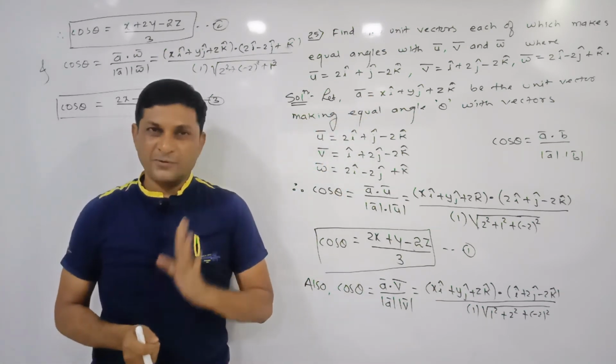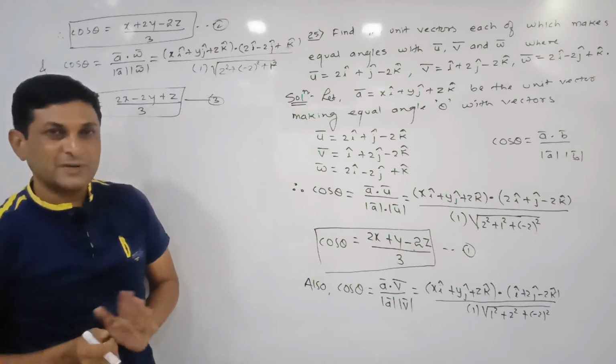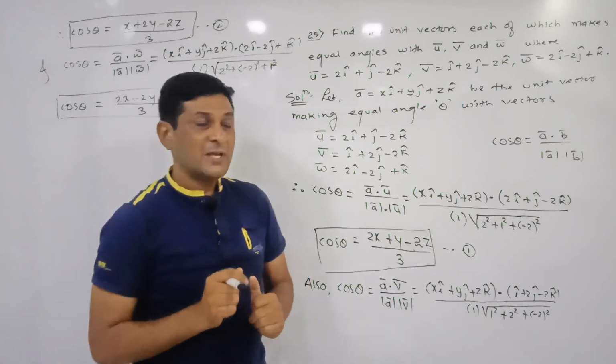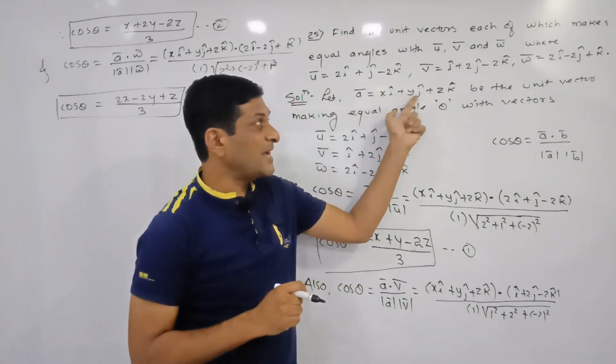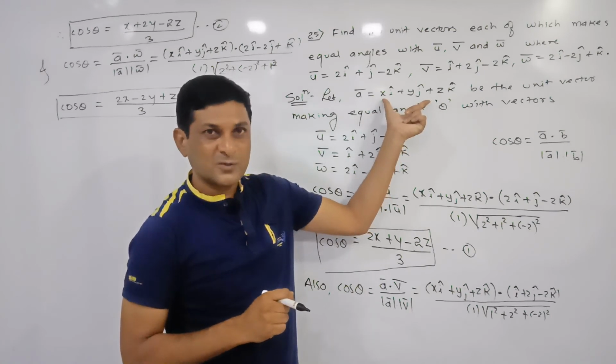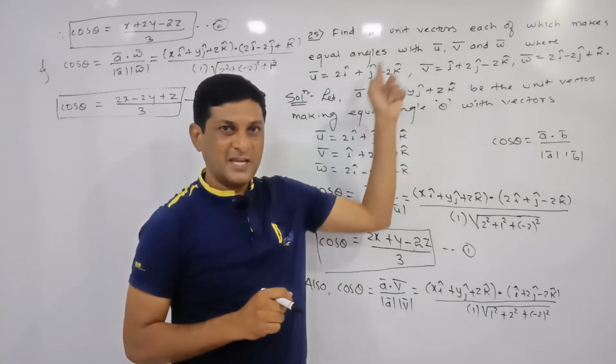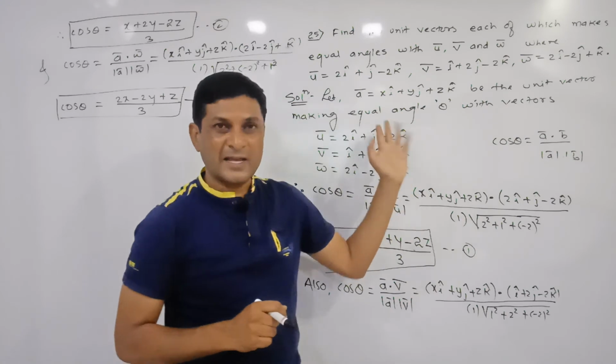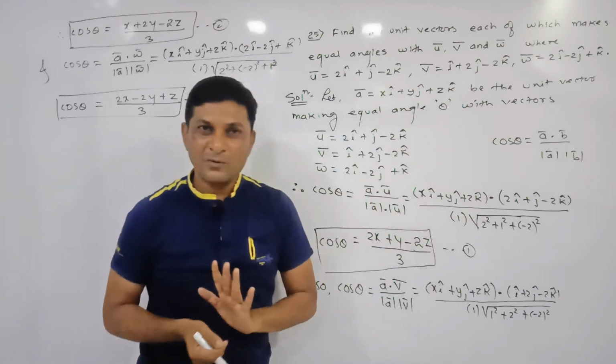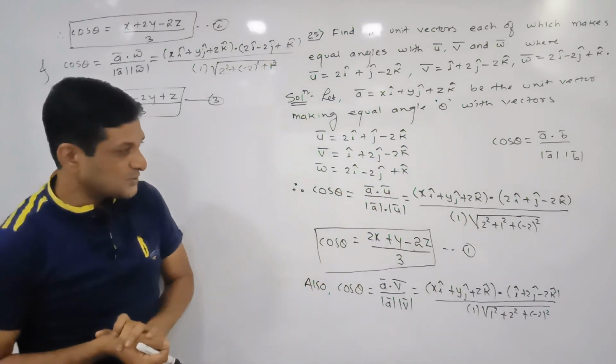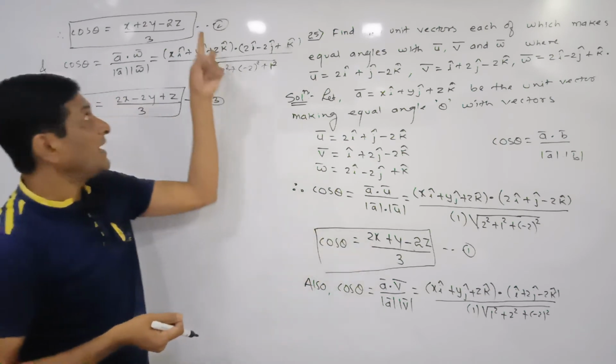Now we have three equations. Solving these three equations, we will find our required values x, y, z. Once x, y, z are known, we will get our required vector A bar, which makes equal angle with these three vectors. Now first we will solve the first and second equations.